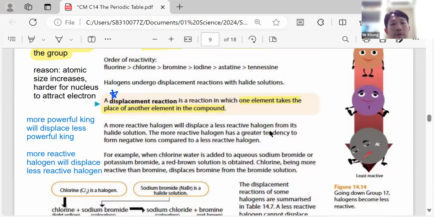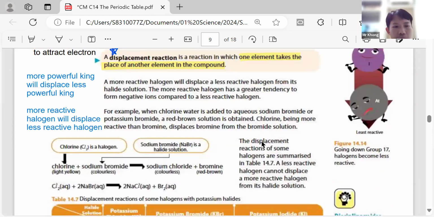A displacement reaction is where the more powerful king will take over the kingdom of the less powerful king. It will displace the less powerful king. So in our example for halogens, a halogen that is more reactive will be able to displace, or take over, the less reactive halogen's place. So this is one example over here.